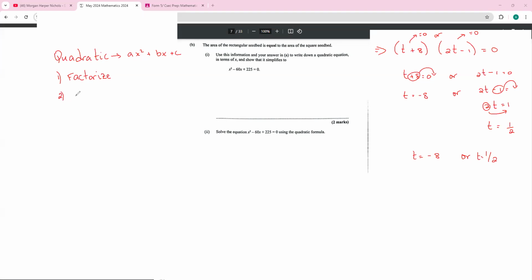The second way is known as completing the square, which is something I'll do. The third way is by using the quadratic formula. And then the fourth way is using graphs.